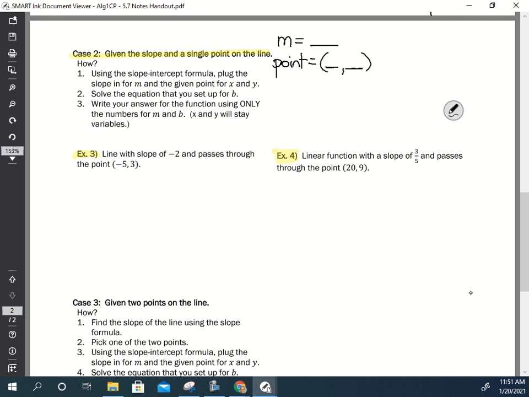So you'll get a slope and a point, and we're still using the same formula, y equals mx plus b. Now, this point is not the y-intercept. It will be something else.